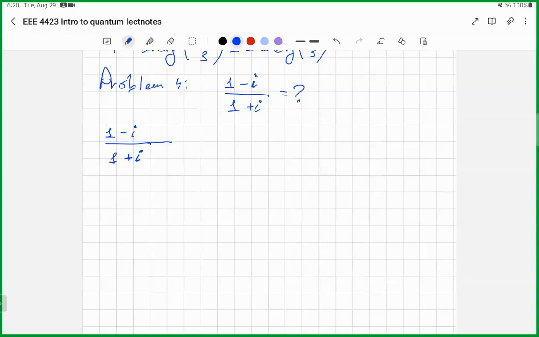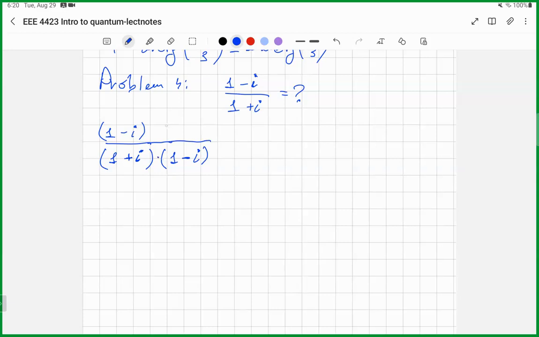The easiest way to do so is to multiply by the complex conjugate of the denominator, right? Because when we take the product of a complex number and its complex conjugate, we get a real number.